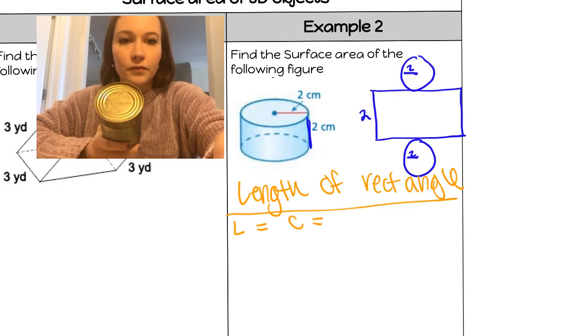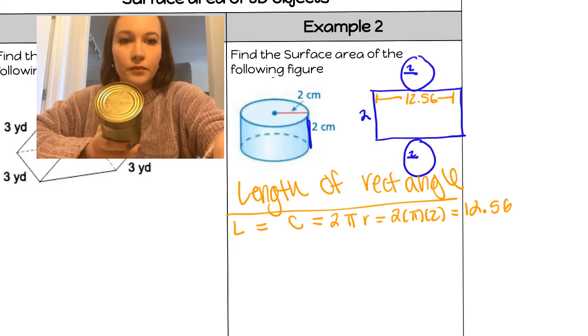And my formula for that, since I'm given a radius, is 2 times pi times the radius, which is 2, so 2 times pi times 2, which is 12.56. Okay, so I'm going to label that 12.56 right there.